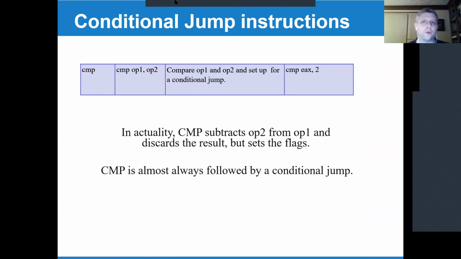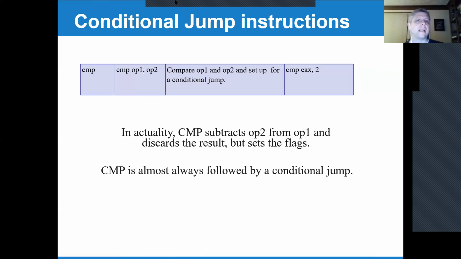In the example here, we're comparing EAX, 2. In other words, it's going to compare the value of EAX to the value of 2. Really what's going on is it's subtracting op2 from op1. In this case, it's going to take EAX and subtract 2 from it and then discard the results, but the flags get set. This is where the flags in the CPU are the most important.